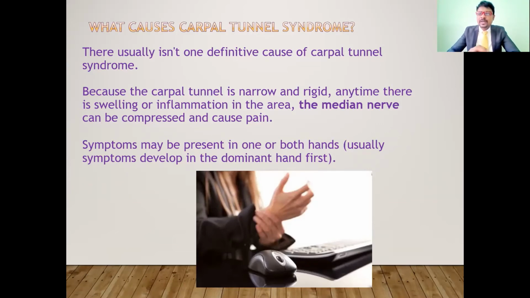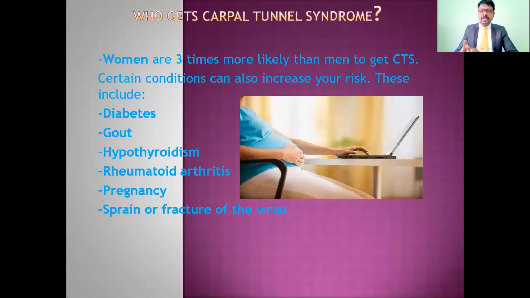It will give loss of sensation and loss of function, and also difficulty in movement. The symptoms may develop in one or both hands. Usually symptoms develop in the dominant hand first, then affect the other. Especially in pregnant women, both hands may be affected.